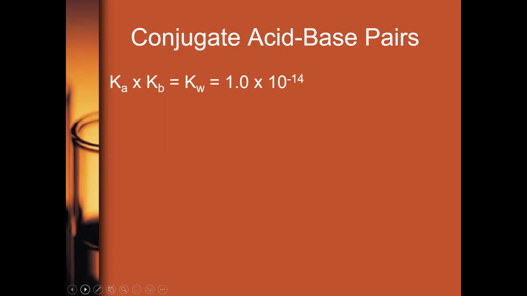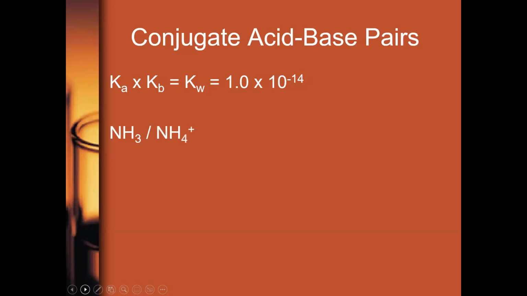For conjugate acid base pairs, if we take the Ka of the weak acid and the Kb of its conjugate base, multiply those together, it also equals that ion product constant for water, the 1.0 times 10 to the negative 14. So sometimes in our textbook, we might have a table of Ka, but we need a Kb value. We can figure that out overall.